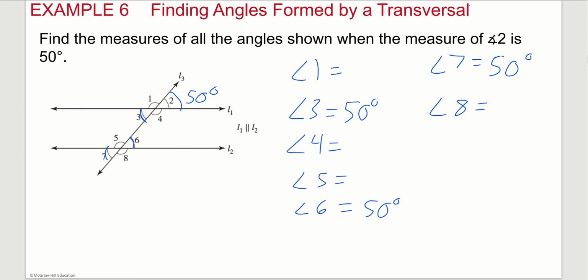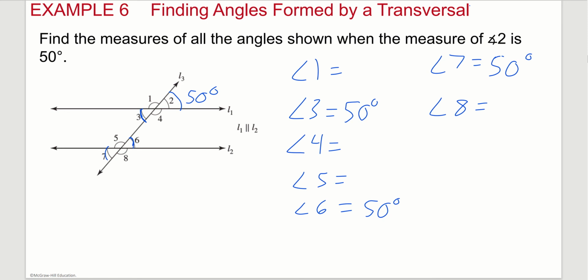Equivalently, you know that 2 and 7 also have to be equal because 2 and 7 are going to be alternate exterior angles. Similarly, once you knew that 3 was 50, we also would have known that 6 was 50 as well because 3 and 6 together would be alternate interior. Okay. So that gives us 3 of them right off the bat.